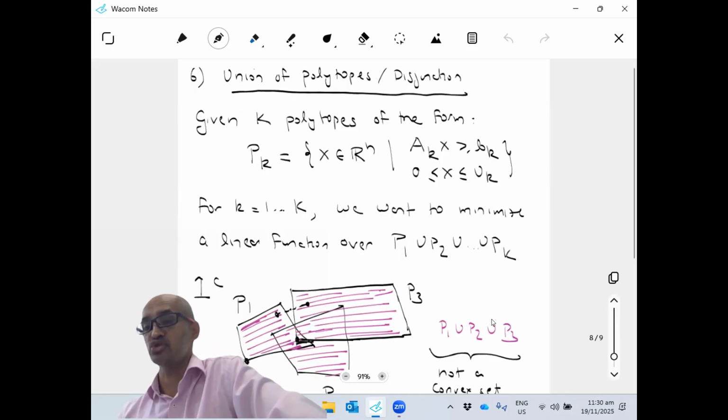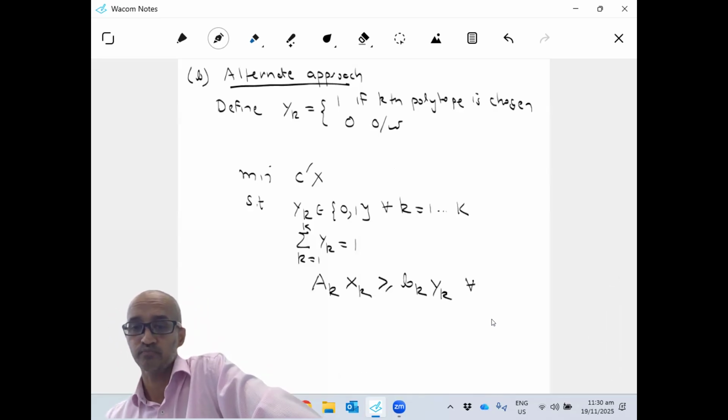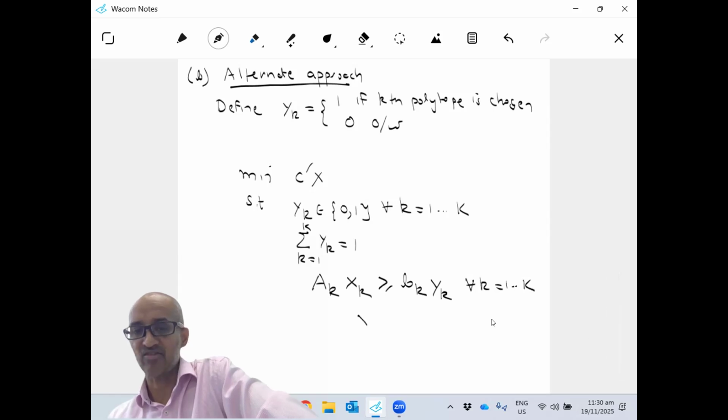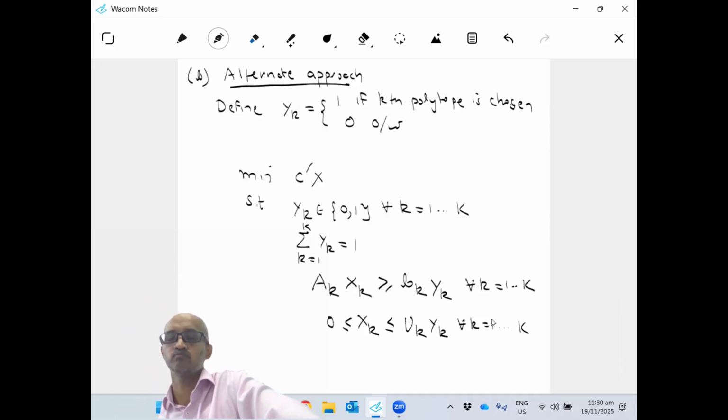So I multiply my right hand side by y_k, where my x_k lies between 0 and the upper bound, since it's a polytope, u_k times y_k, for k going from 1 up to K.